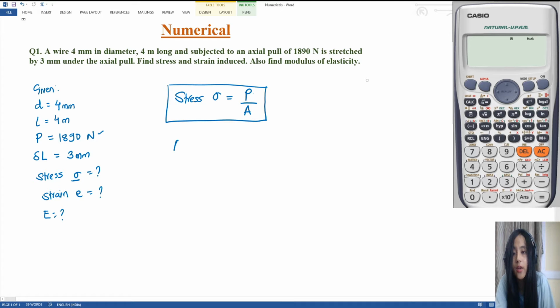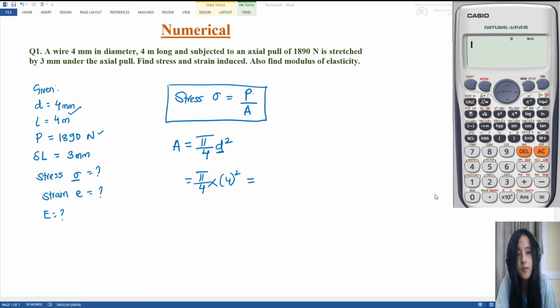So to find area of this wire will be pi by 4 d square. Now how much is d? D is the diameter of the wire and the diameter of wire given is 4 mm. So equals to pi by 4 into 4 square. Now how much will we get?